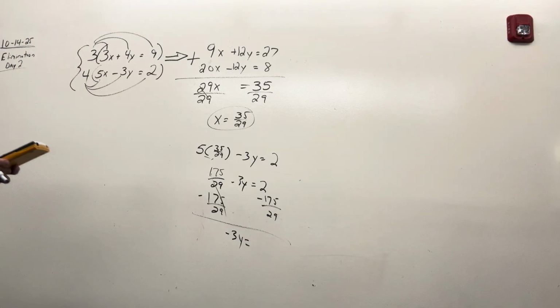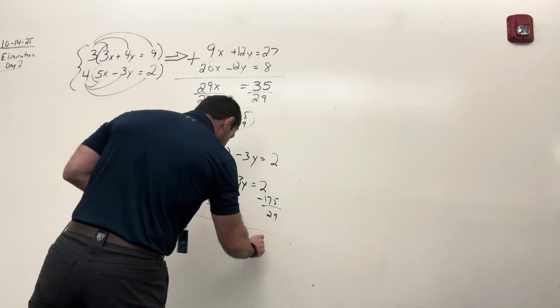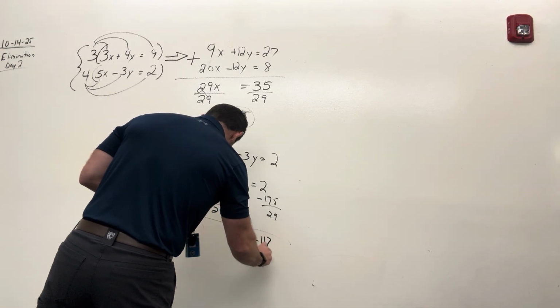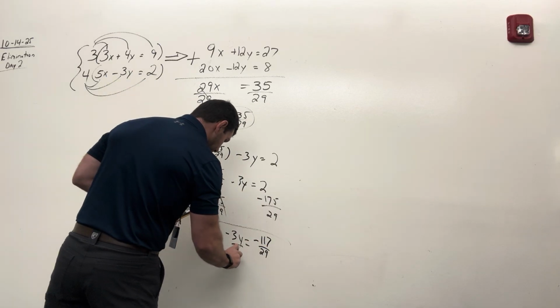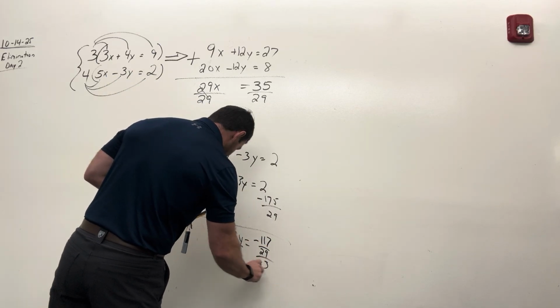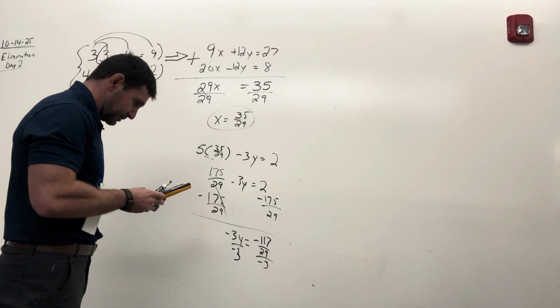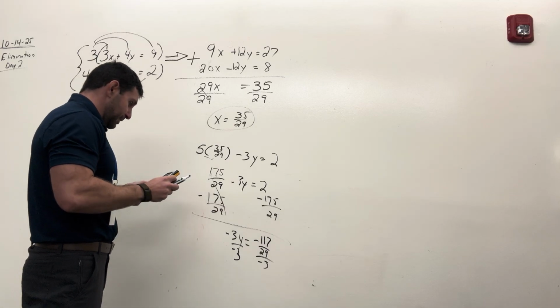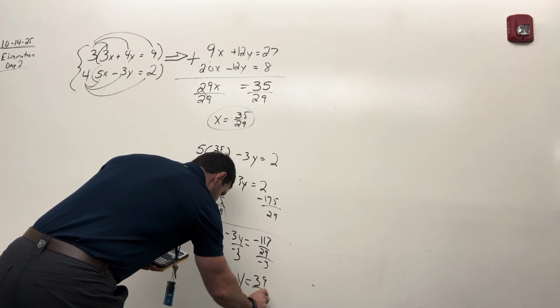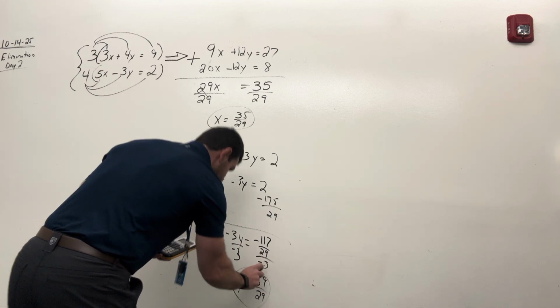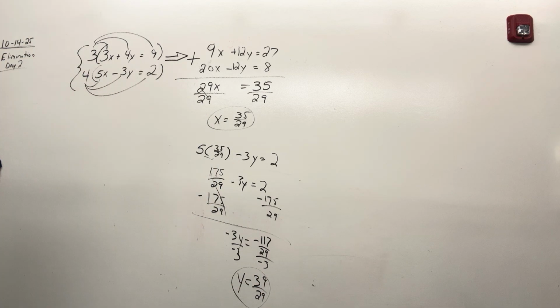And I do 2 minus 175 divided by 29, enter, math, enter, and I get negative 117/29. I divide by a negative 3. I can divide by a negative 3 because our calculators do that. That gives me y equaling 39/29. Am I done? No.